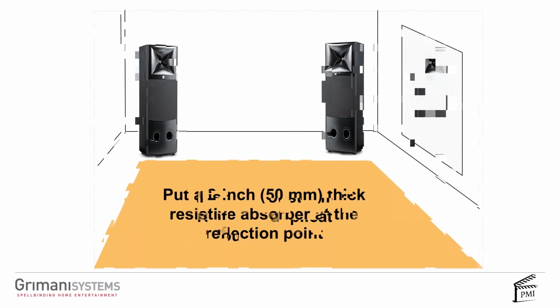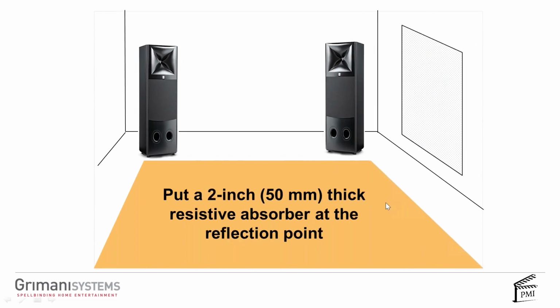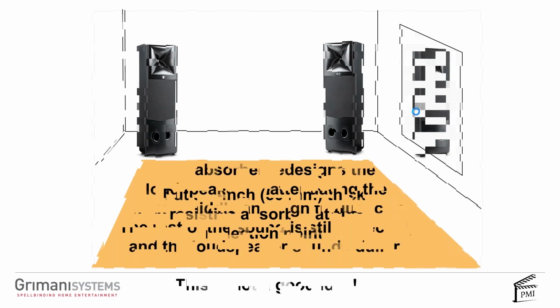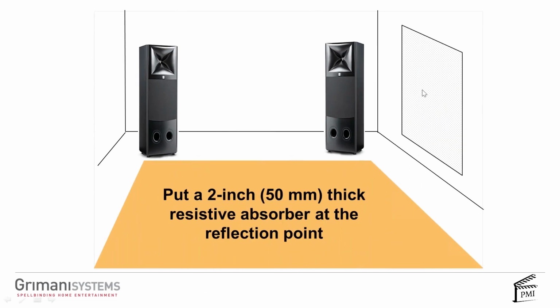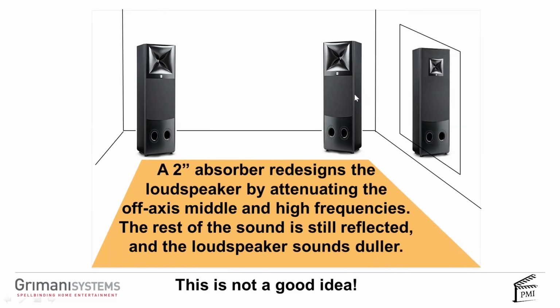Now, when you put a 2-inch panel on the wall, what that panel is going to do is absorb only 500 hertz and above. And Floyd has this really cute diagram that shows that speaker is going to sound like it's got a smaller waveguide. The speaker is still the same from 20 hertz to 500 hertz, and above that the waveguide takes over a little bit higher, but above that it just sounds quieter.